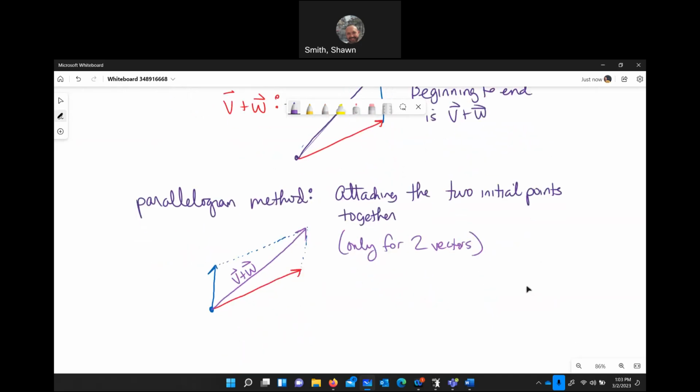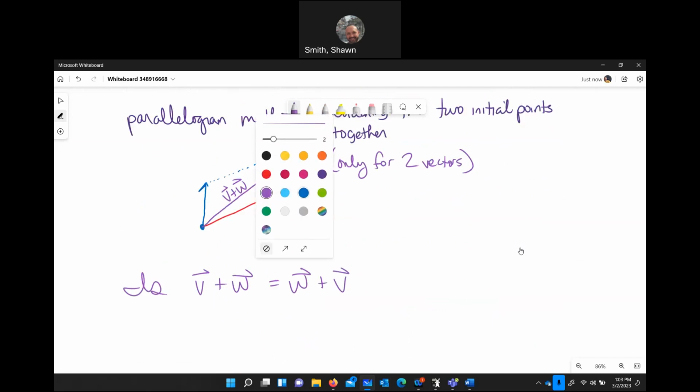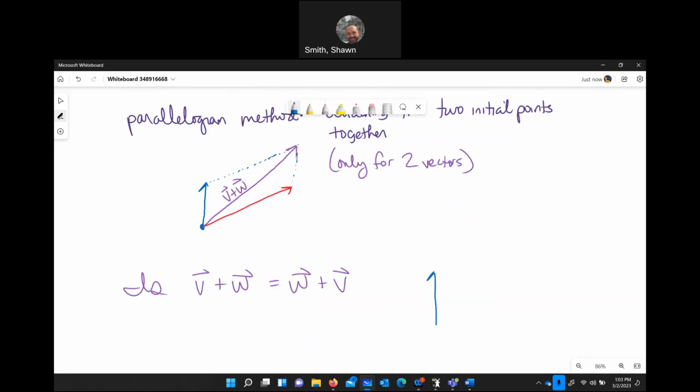All right, you have a few different properties of vectors. Can I say V plus W is the same as W plus V? Let's see. So let's take W. I'll go back and get my blue. W was this.